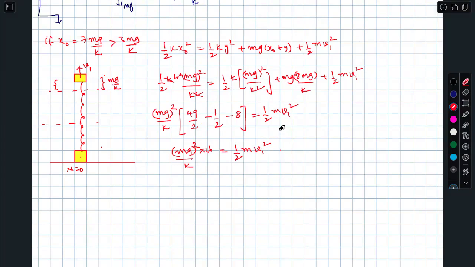So v1 is under root 32 times mg square by k. That is the velocity.